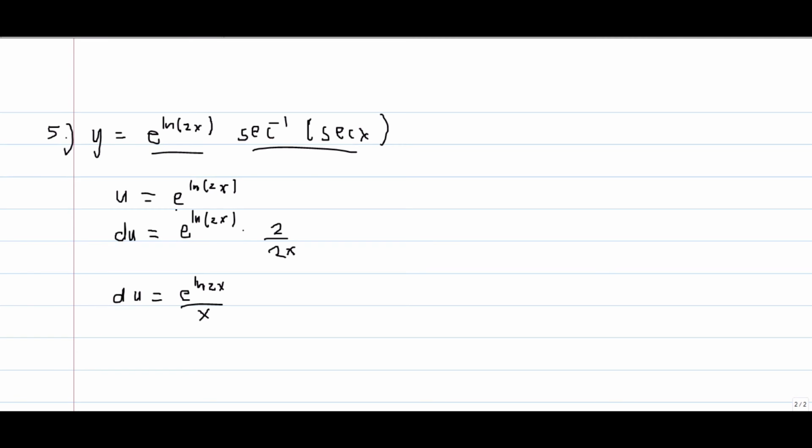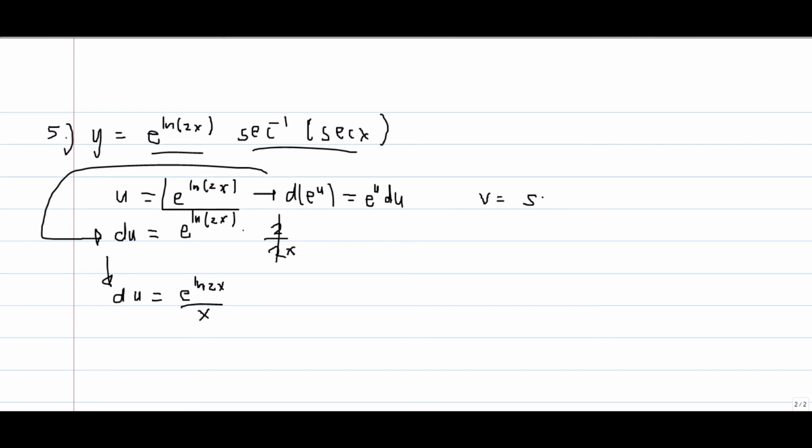Again I use this formula: take note, the derivative of e to the power u is equal to e to the power u du, so that we can obtain the du equivalent, e to the power ln 2x over x. So we can cancel these two. For v, which is secant inverse, then secant x.